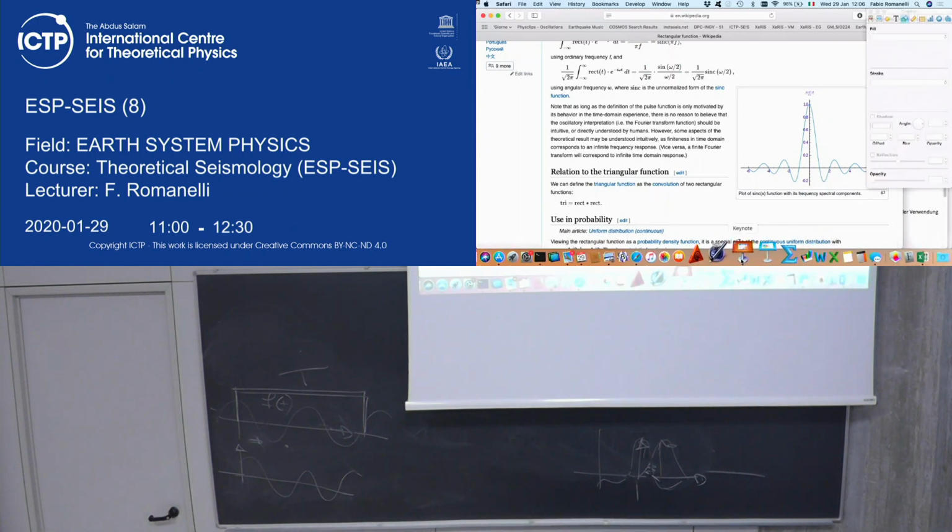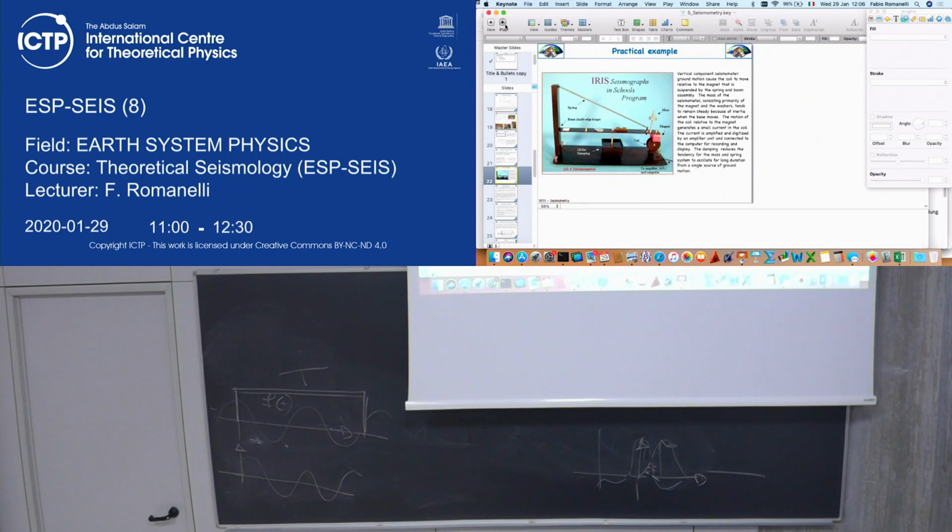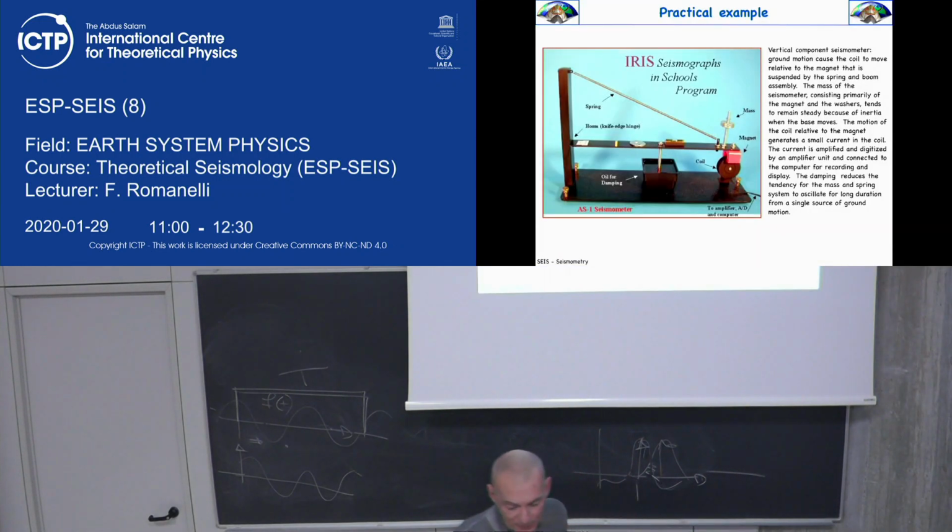Just to tell you that these simple concepts here actually have been reached until the 1980s. For example, an IRIS project was developed in high school in USA, and that's the building. Now we understand everything.